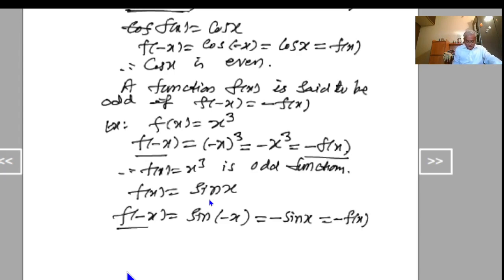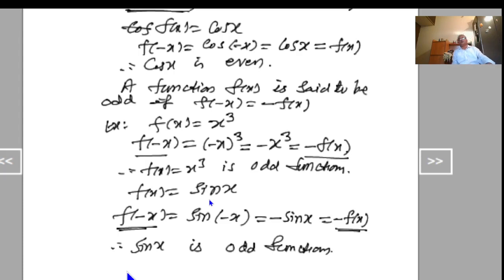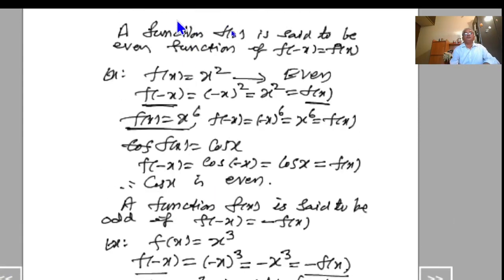So we are getting f of minus x is equal to minus f of x. Therefore sine x is an odd function. Okay, sin x is an odd function, cos x is an even function.